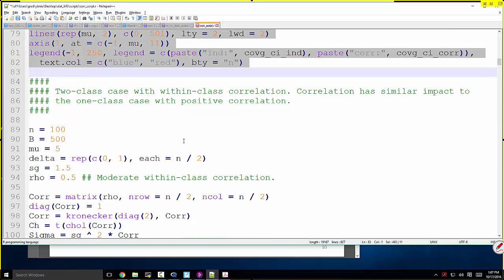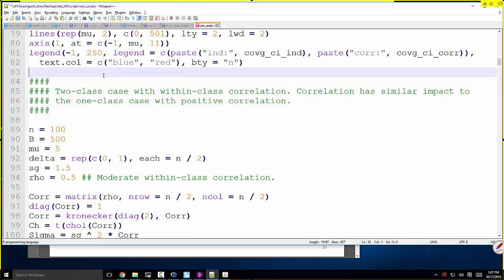The next batch of code repeats the above simulation, but it does it in the two-class case, say treatment versus control. Let's do inference on a mean difference, the mean in treatment to the mean under control. And the way I'm going to simulate this time is like the above case, namely positive within class correlation.